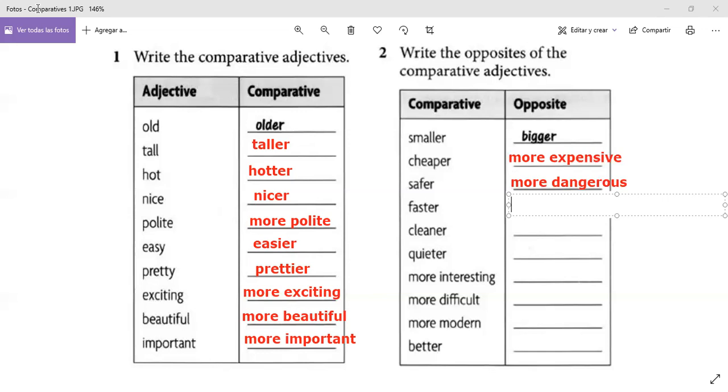What is the opposite of faster? Slower. Thank you so much. Slower, like the turtle. Okay, what about cleaner?